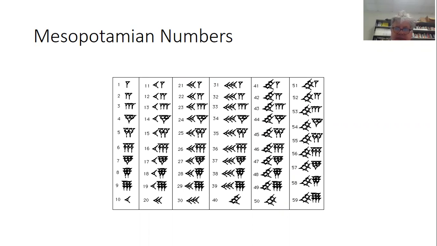It's a base 60 system, but they only had two ciphers, sort of like a downward stroke for a 1 and like a sideways one for 10. And you can see how they build up to go from 1 to 59. So that's the 59 symbols you need for a base 60 system.